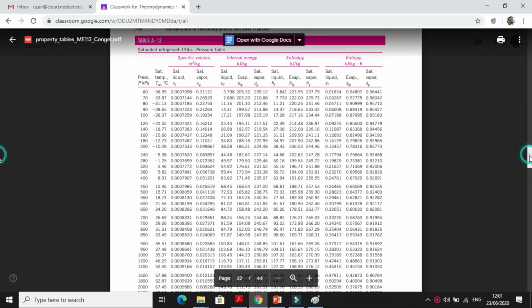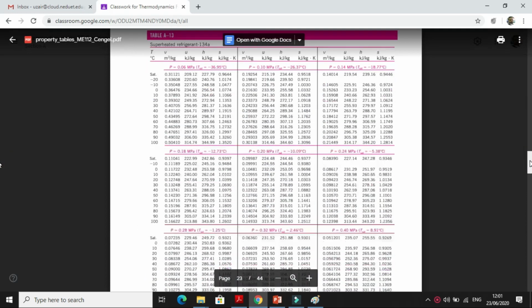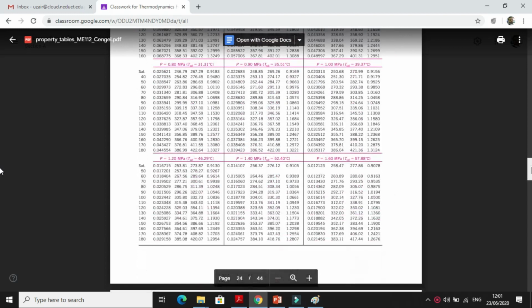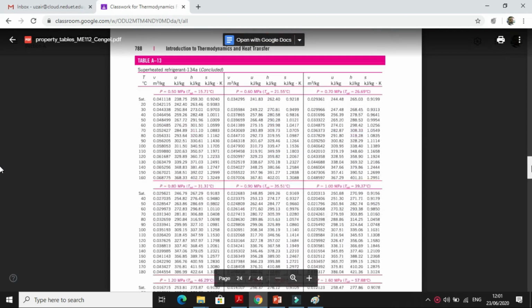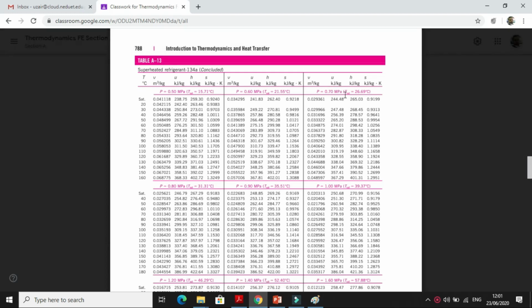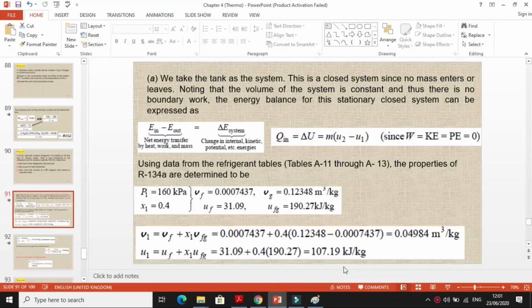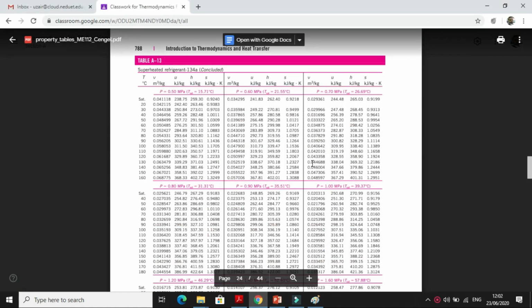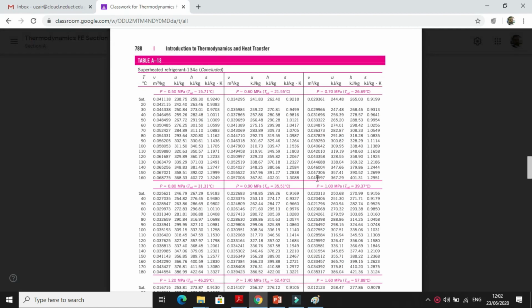So for the superheated region, I'm going to check this table. Again, the pressure is 700 kilopascal, or 0.7 megapascal. The volume is 0.04984, so it falls somewhere here.